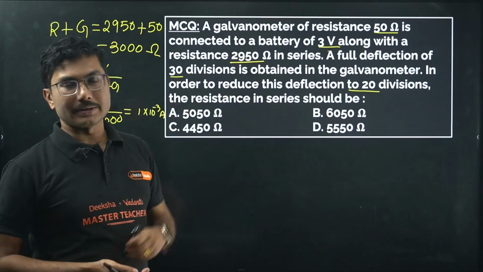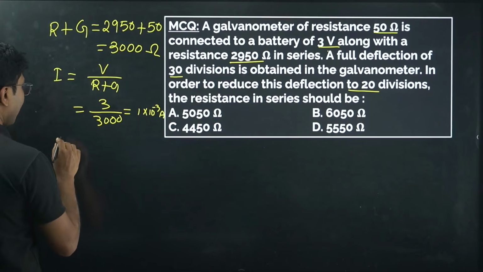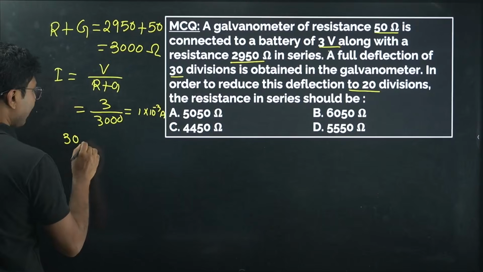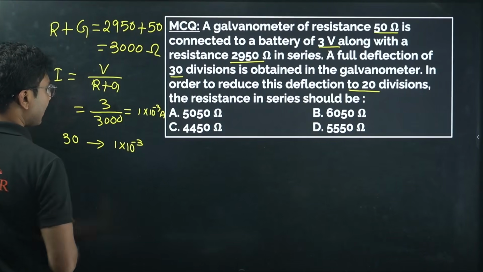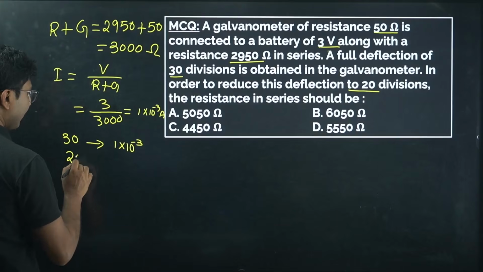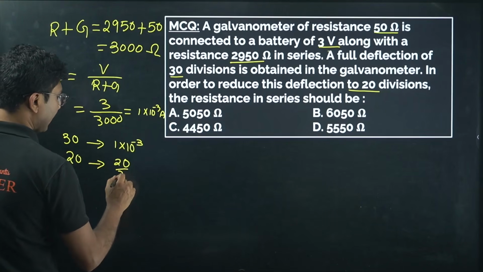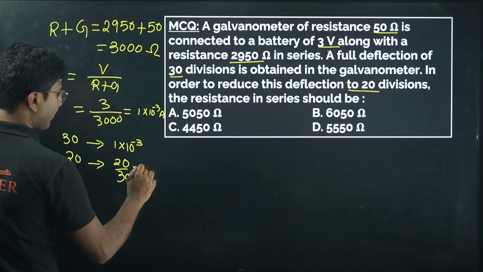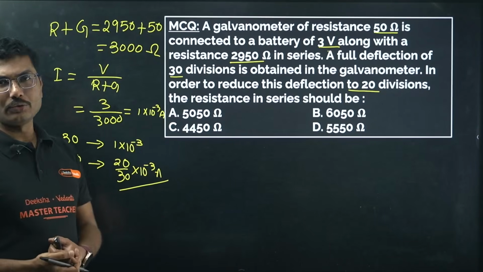By increasing the resistance. Okay, so for 30 divisions, how much current is required? For 30 division, we require 1 into 10 to the power of minus 3 ampere current. So for 20 division, we require 20 by 30, unitary method, into 10 to the power of minus 3 ampere current. So we have to reduce the current to this value.